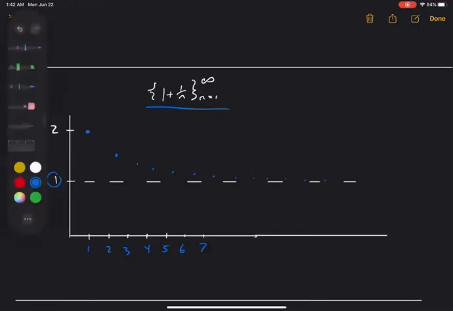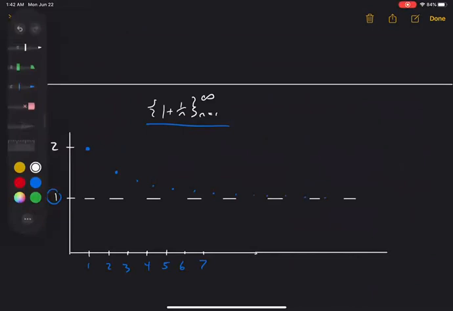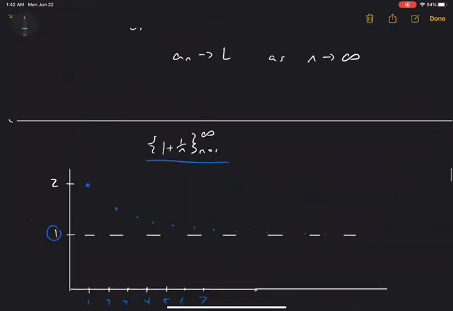What do I mean by getting closer and closer? Well, for any kind of border around this white dotted line, let's say I draw this kind of green border here, on both sides of my white line, eventually my sequence is trapped inside that border.